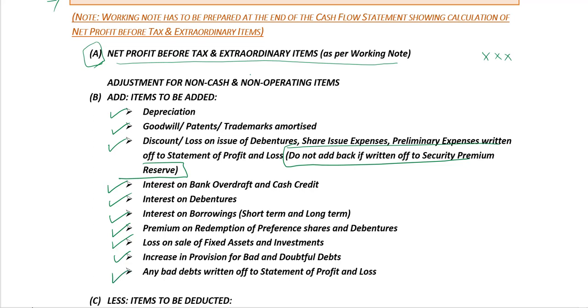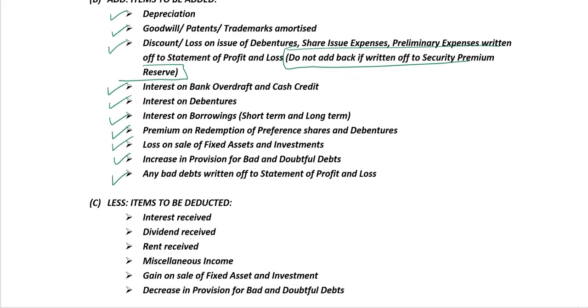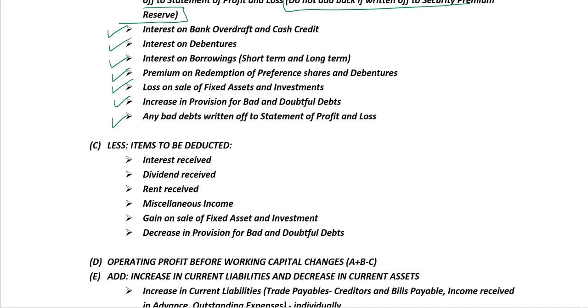We've checked out the items that need to be added. Let's move on to the items that need to be deducted. Interest received, dividend received, both this for a non-finance company, it needs to be deducted. Rent received has to be deducted where it is not a real estate company. Any miscellaneous income needs to be deducted.